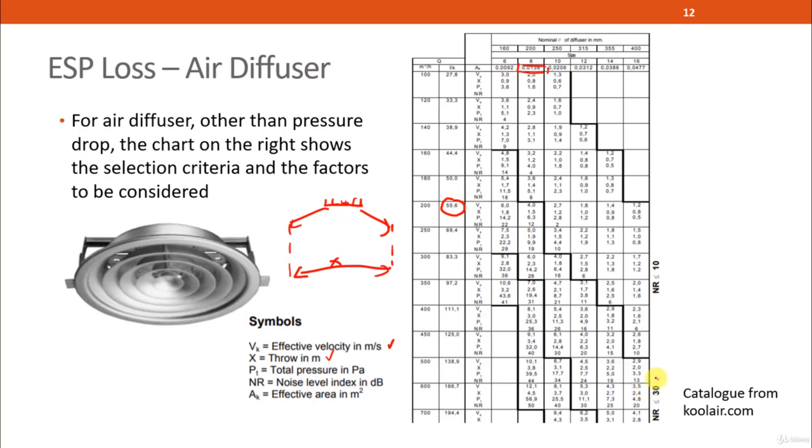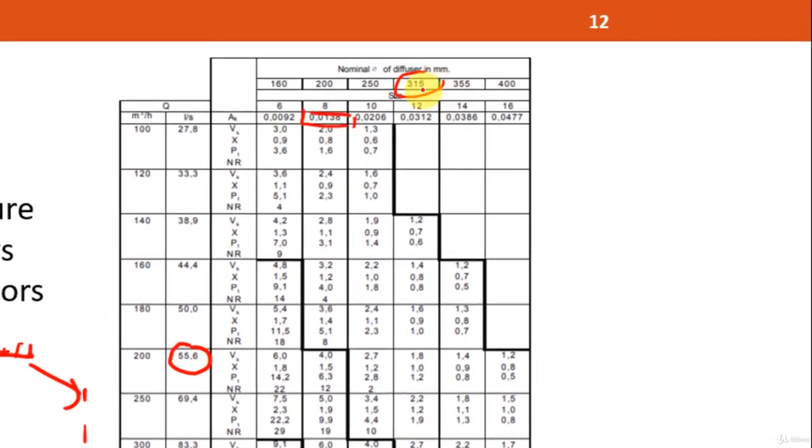But if you want it to be less noisy, then you may have to select a bigger size one, maybe 315 mm. Then when you select a bigger size diffuser, the noise level will drop, as well as the pressure losses. As you can see, the pressure loss now reduced to 1.2 Pascal.